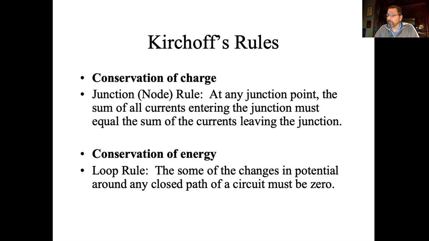The loop rule says that the sum of the changes in potential around any closed path of a circuit must be 0. And that's where we said, okay, the battery produces an electromotive force of 10 volts, and that must mean that across each of the capacitors are 2 voltages, which add up to minus 10 volts. So when I get back to the battery, I'm at 0.